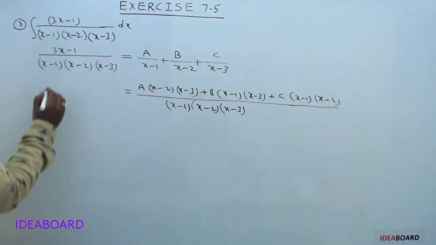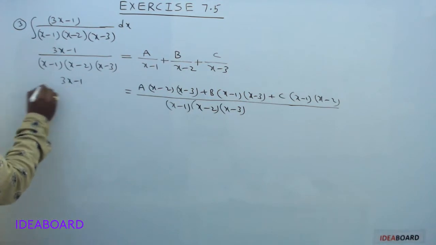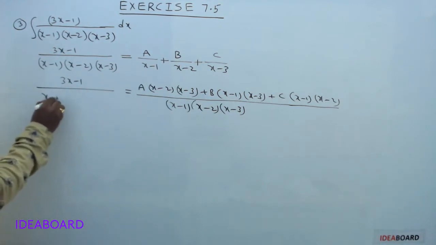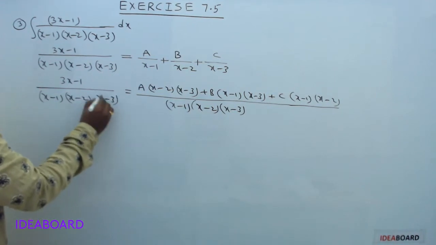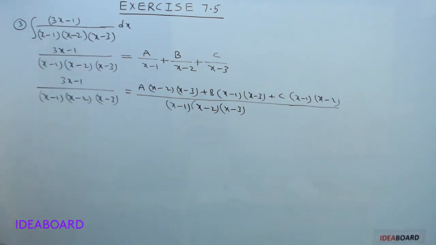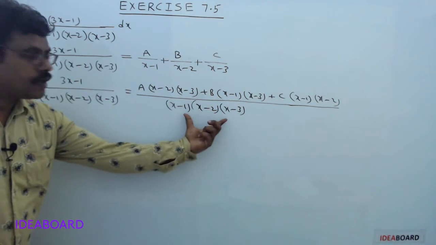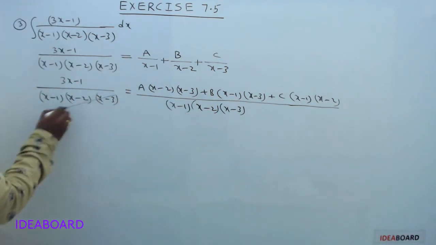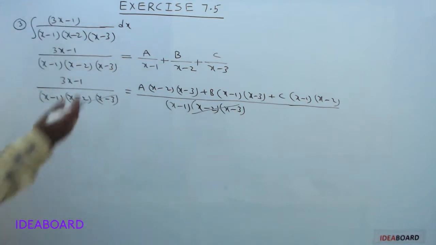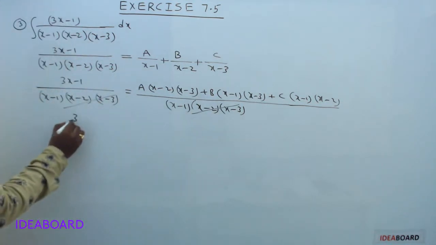Write down the LHS part also: (3x minus 1) divided by (x minus 1)(x minus 2)(x minus 3). Now you can cancel the denominator on left hand side and right hand side. Write down the remaining expression.